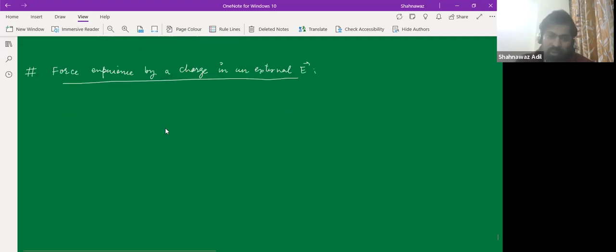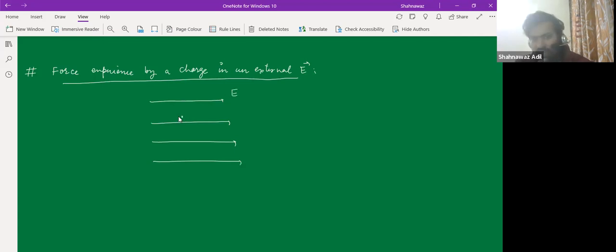Right. So if you have, let's say, an electric field, and this is a uniform electric field, right? And you put some charge in here. So if this is positive, right? If this is positive, so force would be in this direction. That is Q. So this is the force.